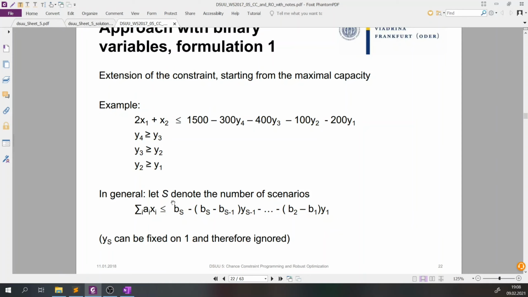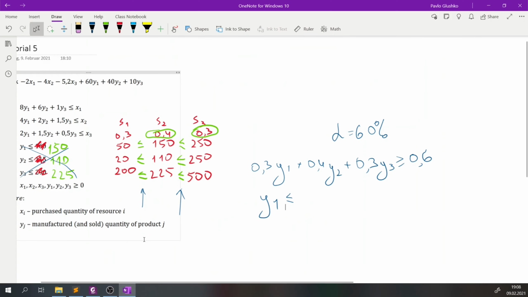So b_s is the right-hand side, it's the largest parameter value of all the possible parameter values among all the scenarios. You see here in the example it is 1500, and in our case it is 250.